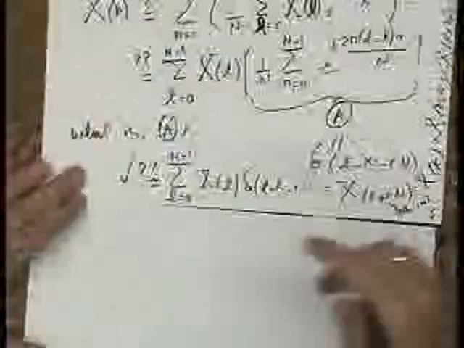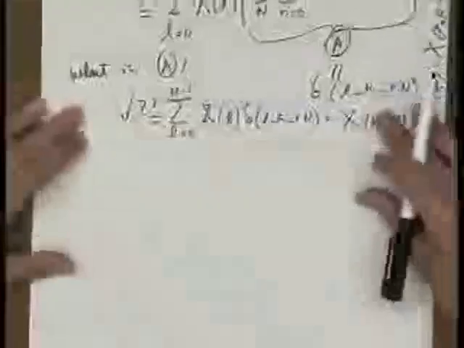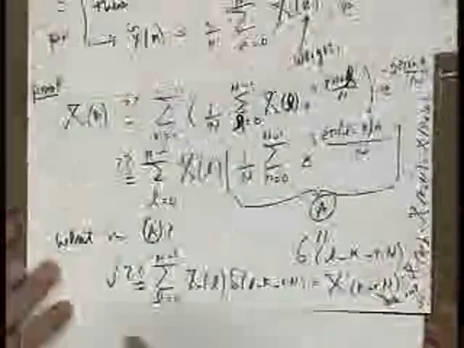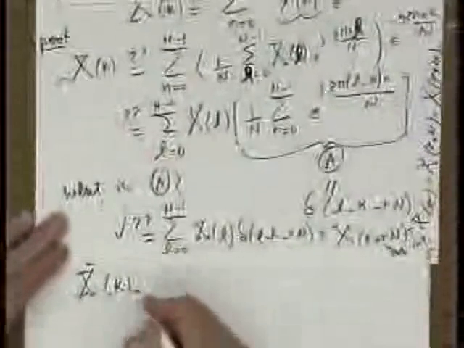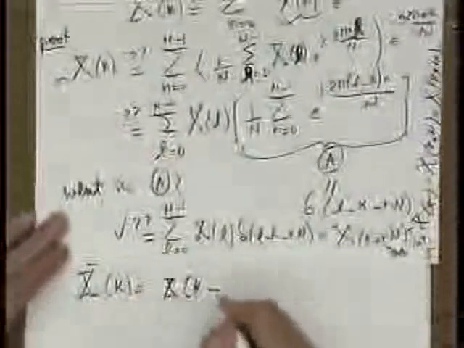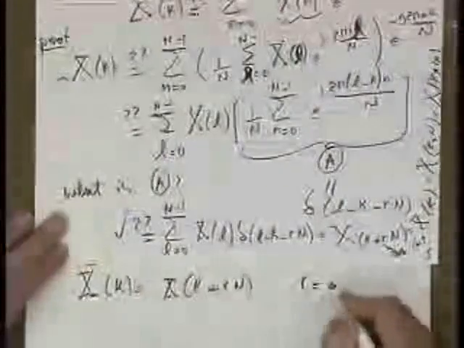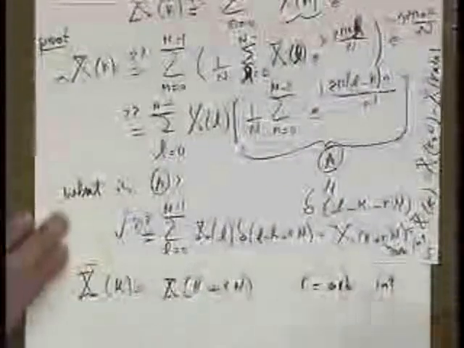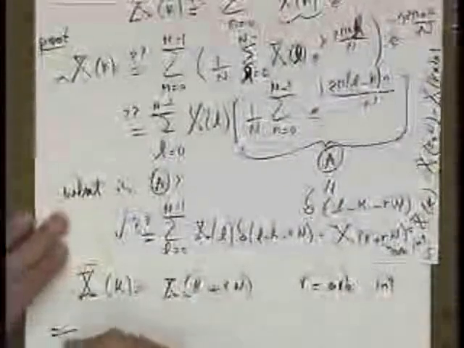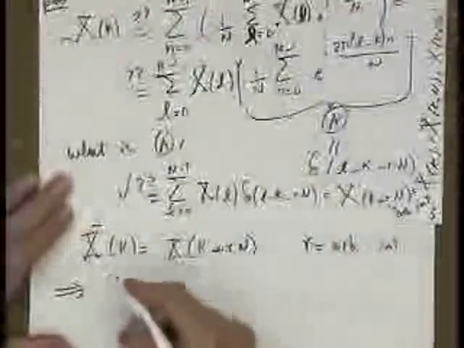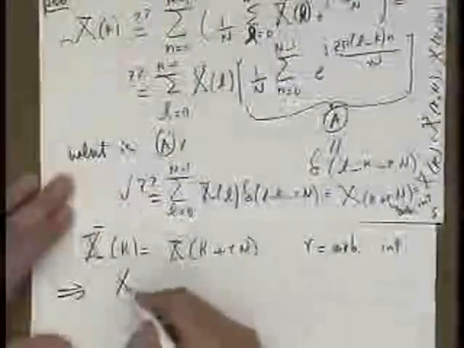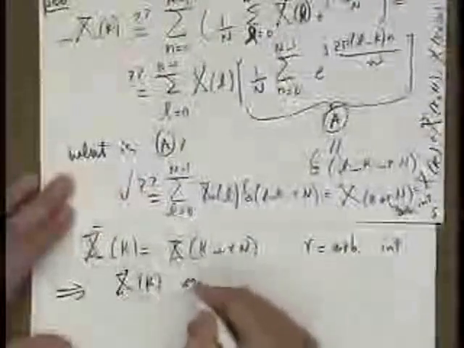Okay. So from this discussion up here, the conclusion that we end up getting, let me write it down here, is that x of k is equal to x of k plus Rn, where R is an arbitrary integer. And therefore, not only was this proposal true, I'm also proving that x of k is a periodic sequence.